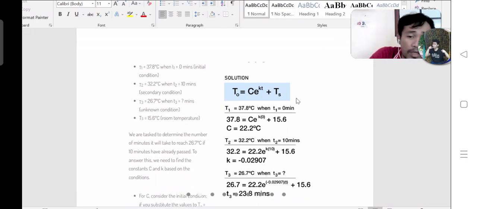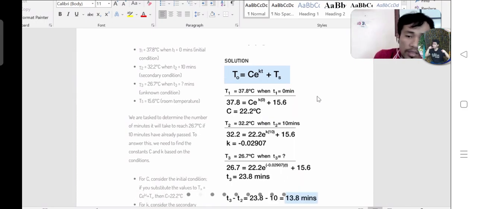Let's continue. Now we can get the value of C, which is 22.2 degrees Celsius. And next, we need to get the value of k.